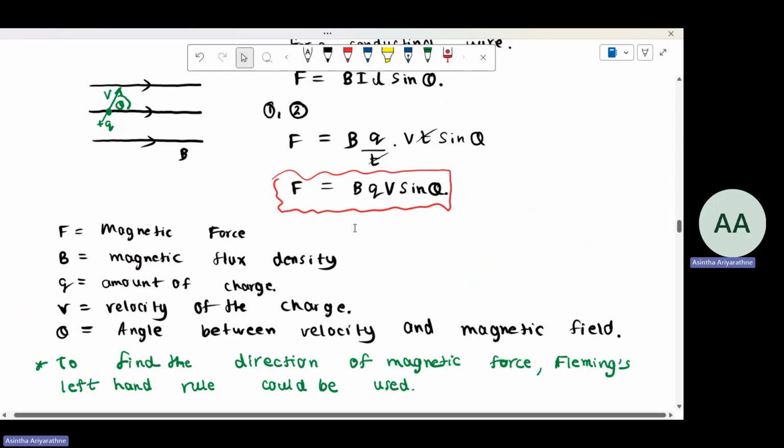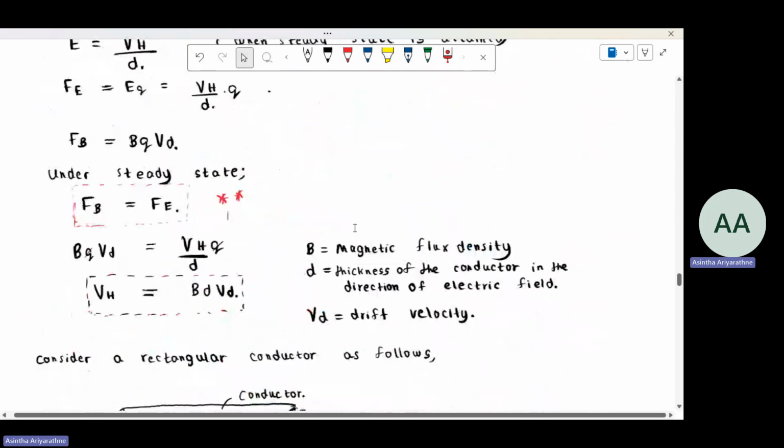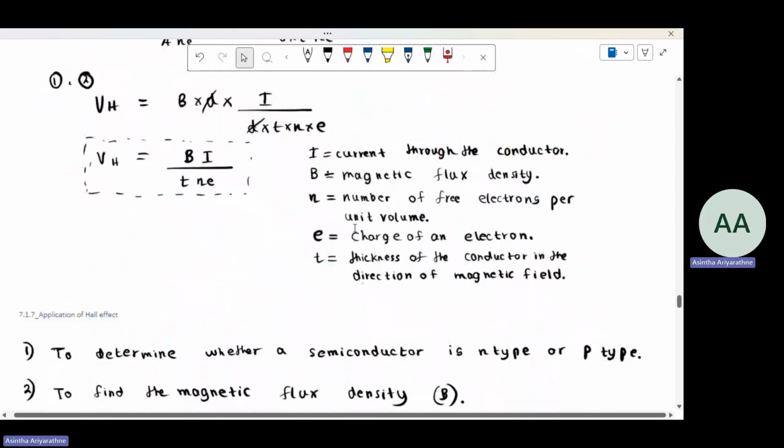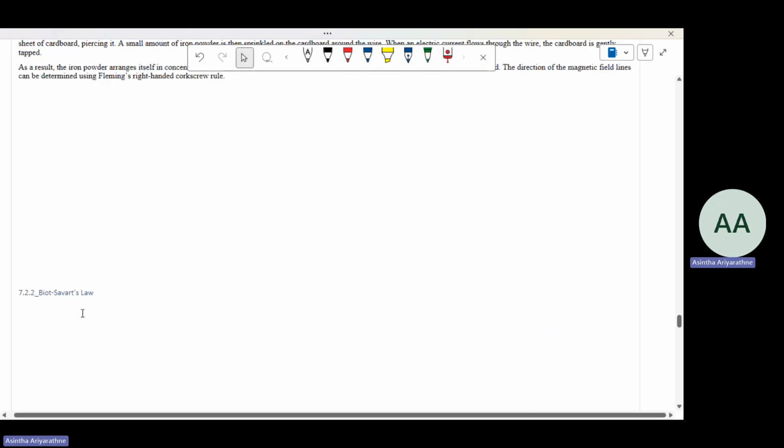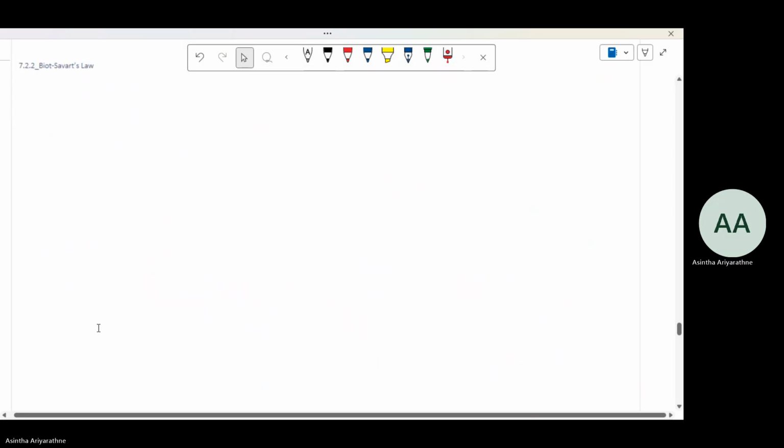But still we have not found an expression for the magnetic flux density B. So the next section is about that: the Biot-Savart law, a basic law to find the magnetic field intensity, the magnetic flux density.